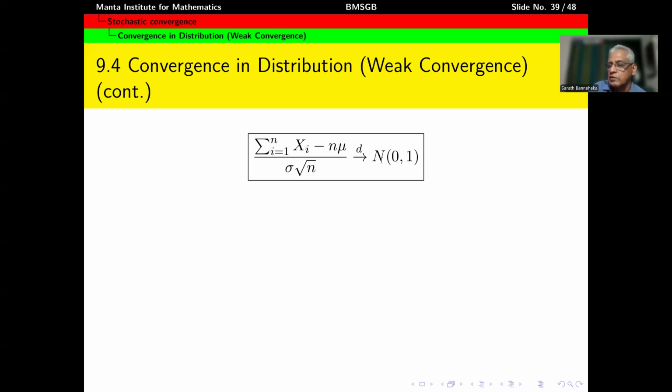So therefore, n equal to 30 is a good situation to use in that kind of situation, right? So you have to be careful when you apply the central limit theorem. Don't take n equal to 30 as a magic number that you can use in all situations. So that is an important thing to remember.